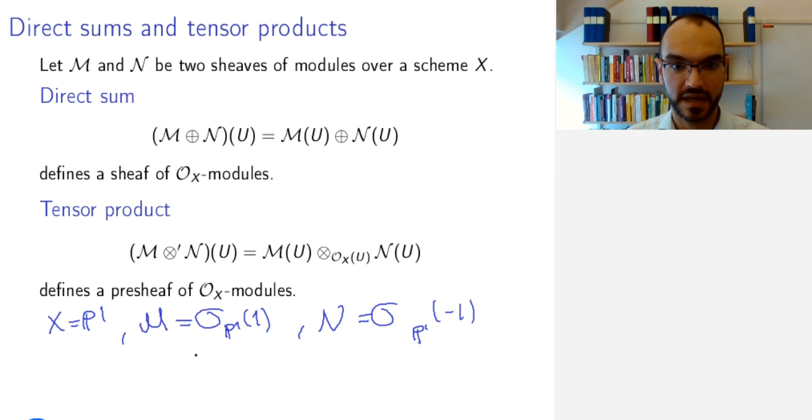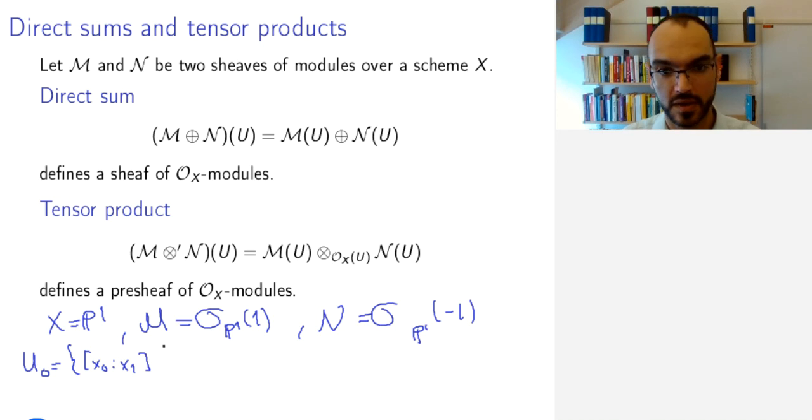And so if I take, for example, the open set U0, so this is the set of all points x0, x1, where x0 is not 0. And the same for U1. So I have the sets Ui here. Then I can define the following functions.